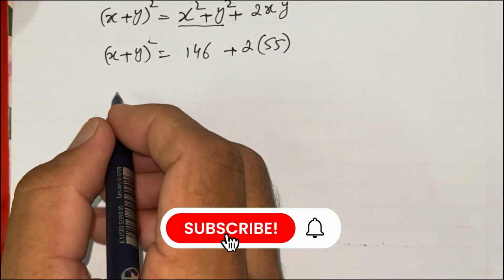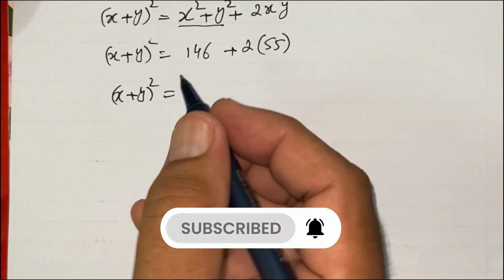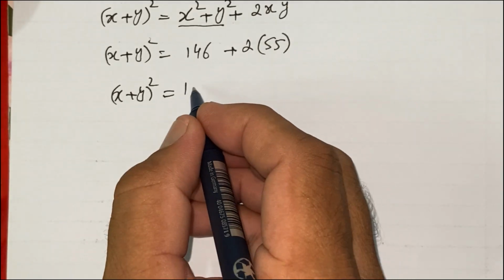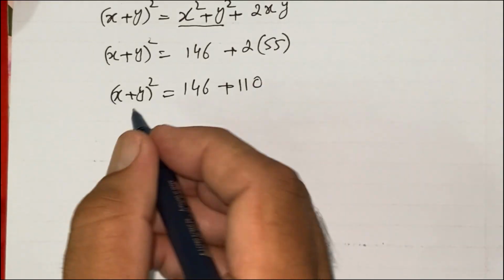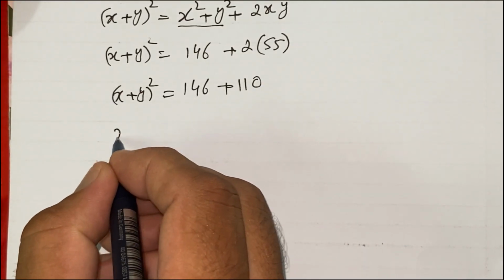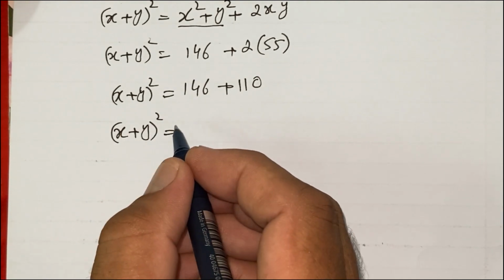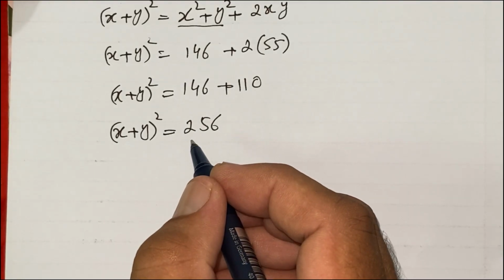Now x plus y whole square is equal to 146 plus 110. Now x plus y whole square is equal to 256.